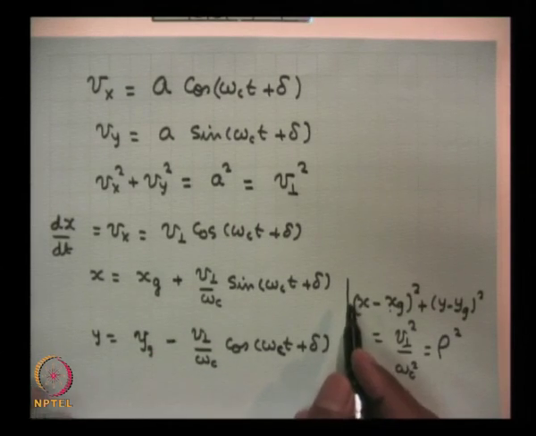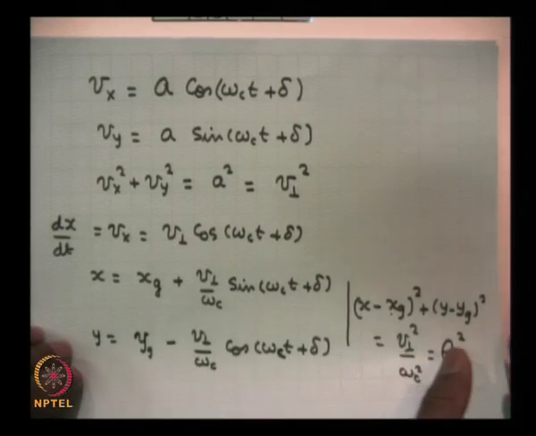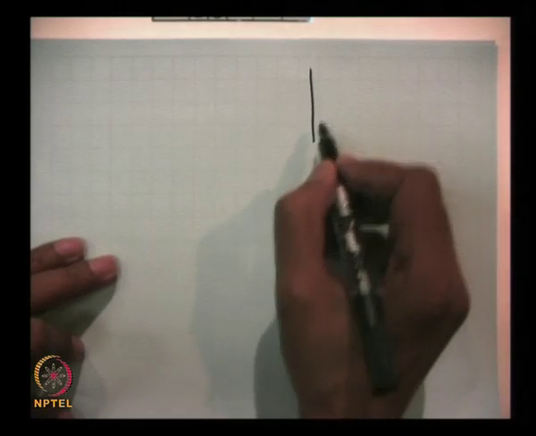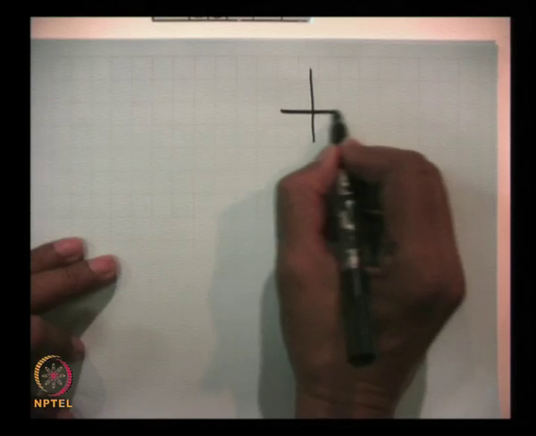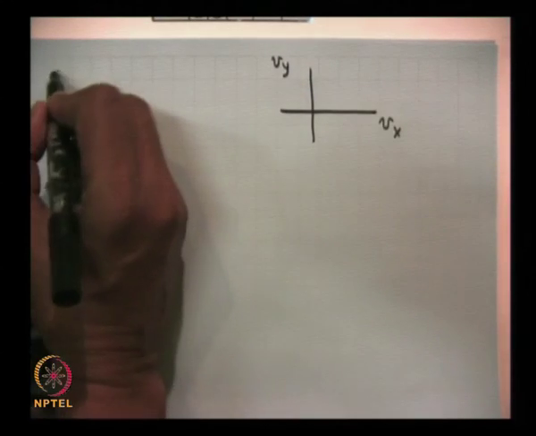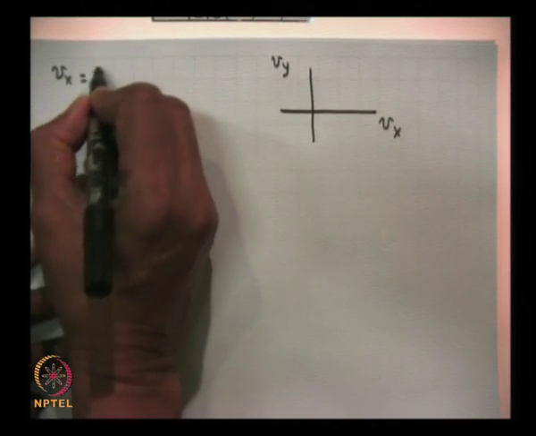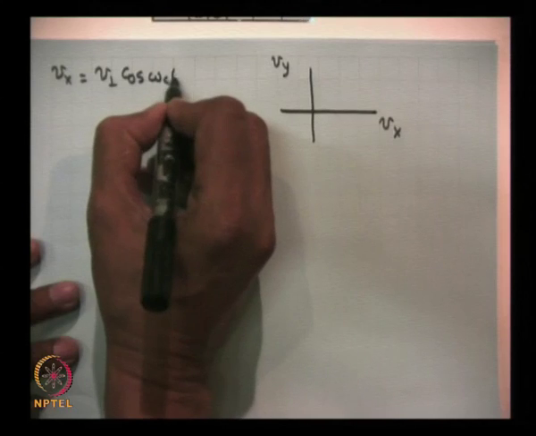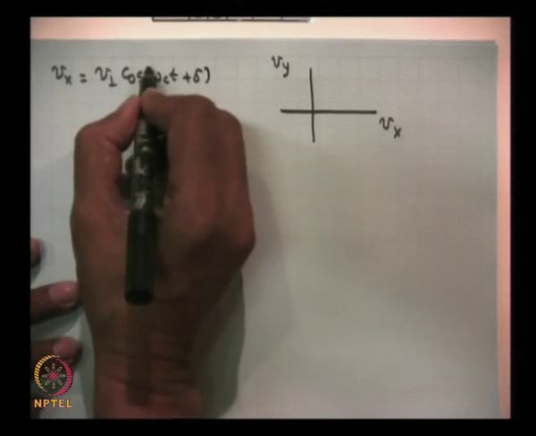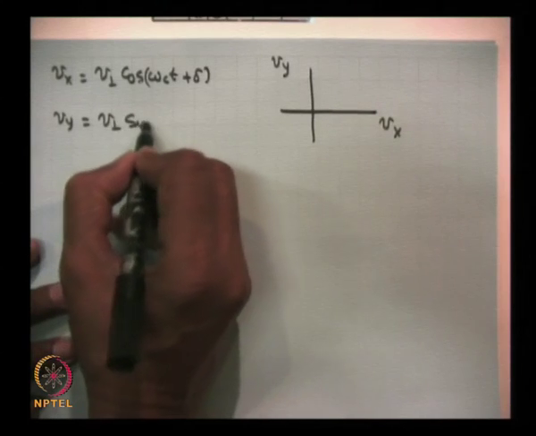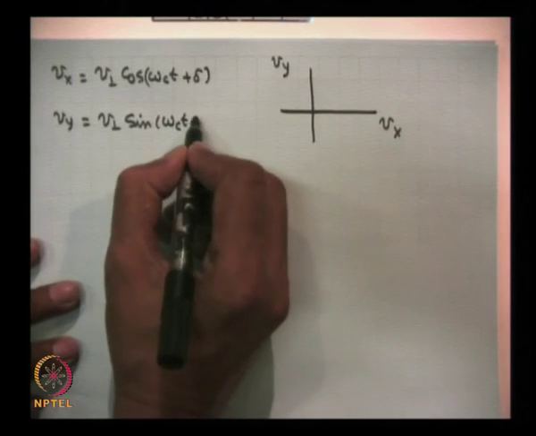If you draw a graph, suppose I plot here Vx and Vy, and Vx I have taken is equal to V perp cos of omega ct plus delta, and Vy is equal to V perp sine of omega ct plus delta.